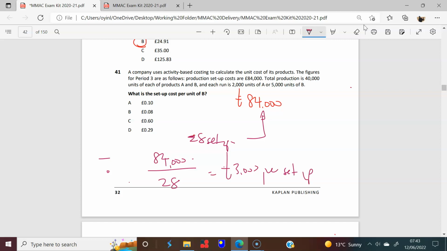Now they want us to focus on B. Remember, we had 8 setups for B, and it's 3,000 per setup.